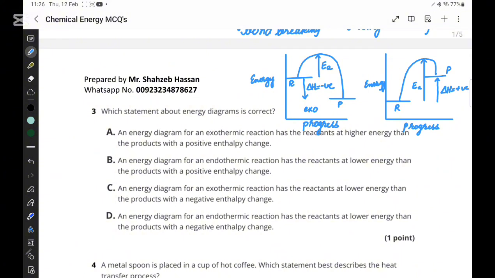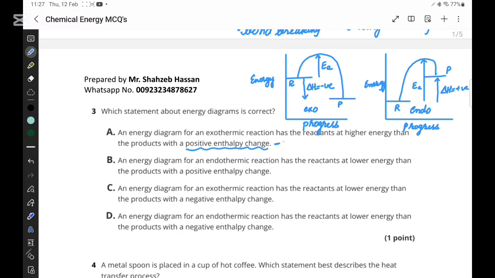In this question, they are saying which statement about the energy diagram is correct. I have drawn the energy diagram for an exothermic reaction and for an endothermic reaction. If we see option A, the energy diagram for an exothermic reaction has reactants at higher energy than product with the positive enthalpy value.